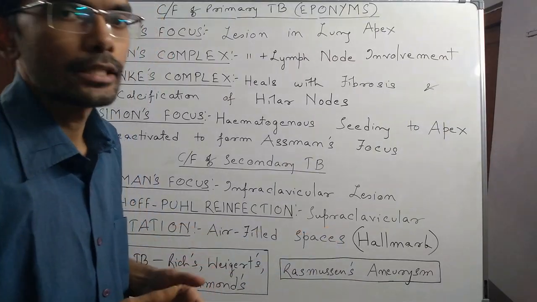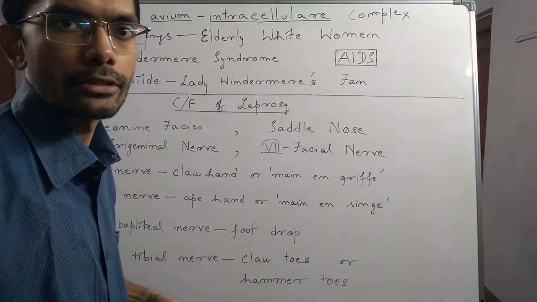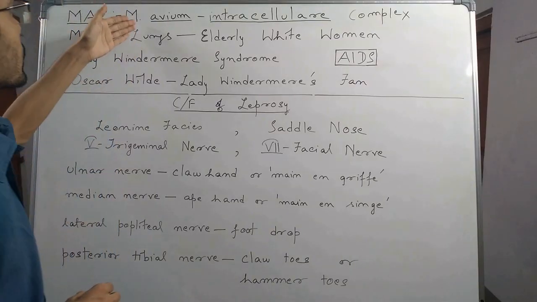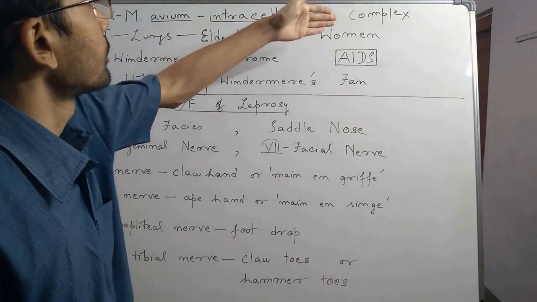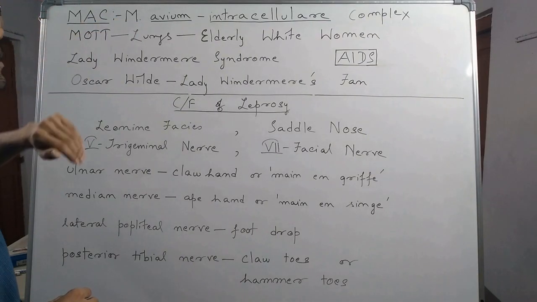Rasmussen's aneurysm is another rare feature. I have included another infection because you might find it interesting. Mycobacterium avium intracellulare complex consists of non-tuberculous mycobacteria that can infect the lungs.